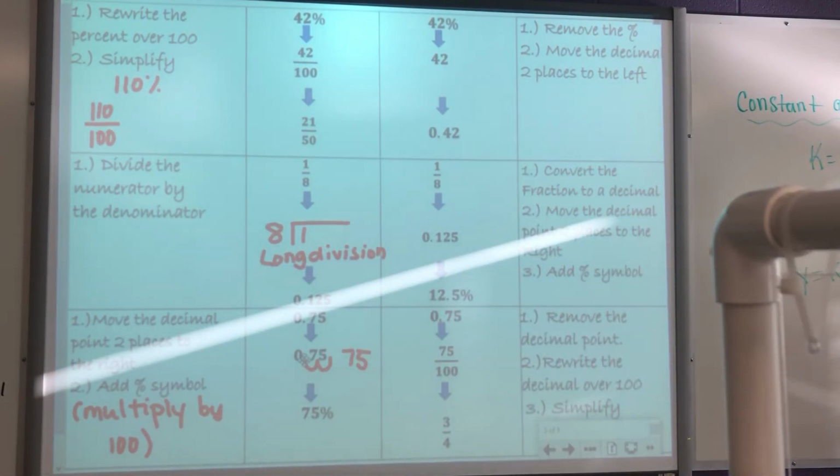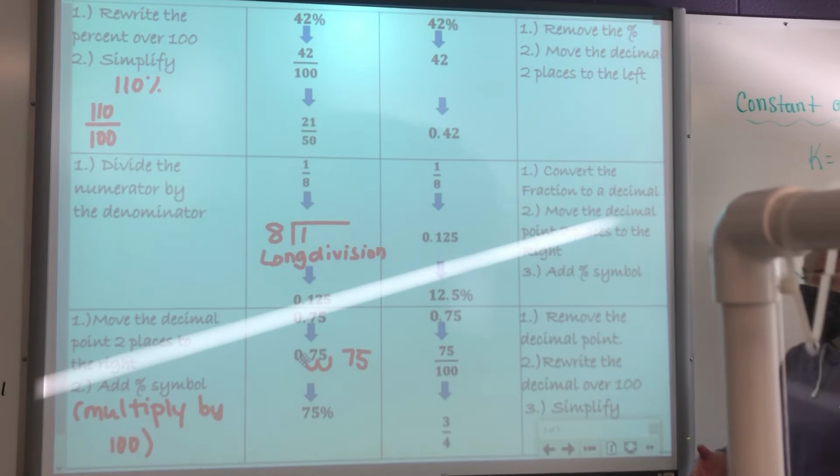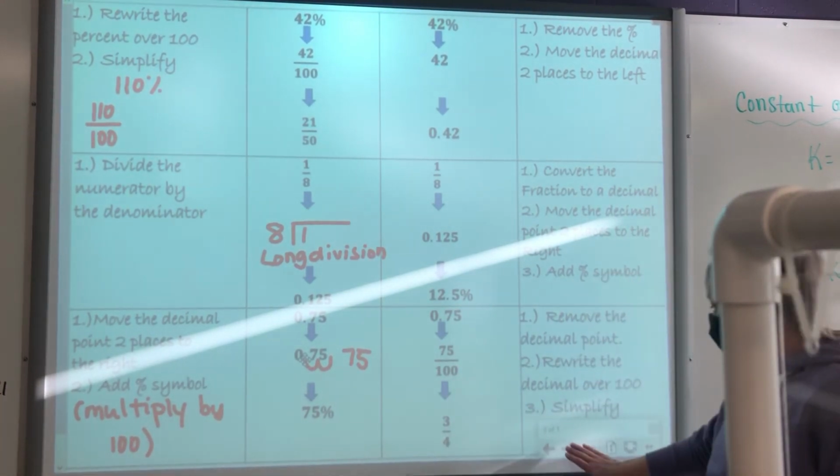So again, to convert a decimal to a percent, we're multiplying by 100. That goes for any decimal, for decimals that are over 1 and anything that's way under, we can use that. So again, we're multiplying by 100.